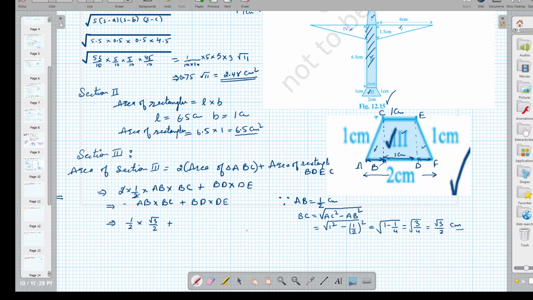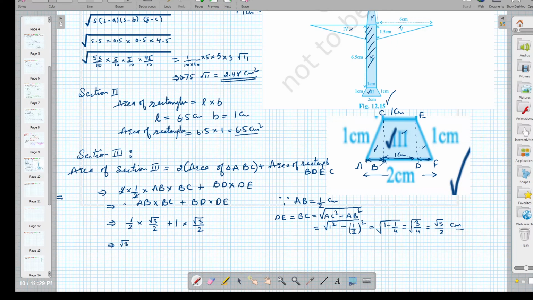Plus now BD is 1 centimeter, so this is 1 centimeter into DE. Now DE is equivalent to BC, so BC is what? Under root 3 divided by 2. You can also write this is equal to DE, right? So that is all about it. Now we have to add it all.